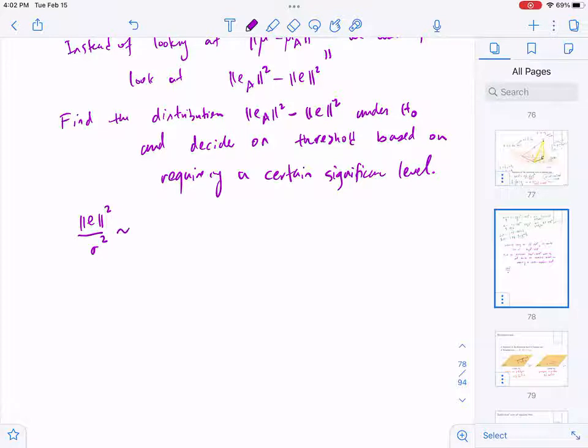It's not T, it's something else. Chi squared, yeah, with this many degrees of freedom. That's true, I'm not wrong. This is a great starting point, but this doesn't tell me the distribution of the difference. It's actually a hard question.